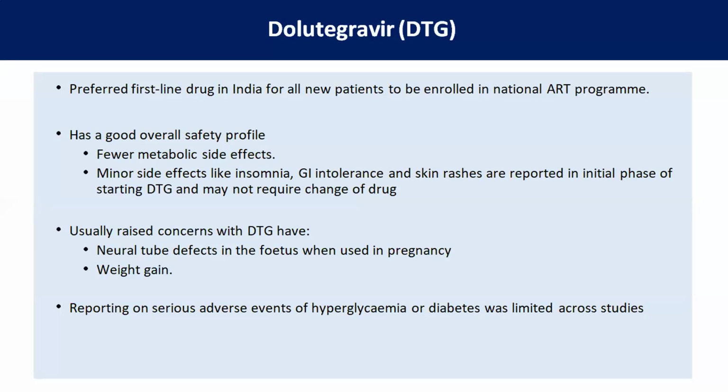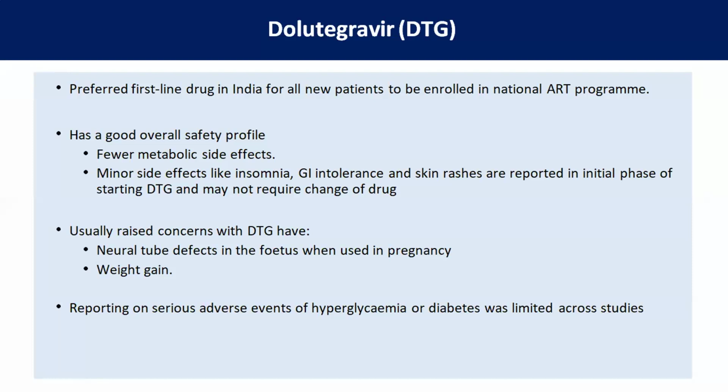And most of the side effects are short term, like GI intolerance and skin rash. Skin rashes were reported even from our center also, and usually develop within a few days of dolutegravir use. Minor grading of skin rashes, grade 1 and 2, does not need a change of drug. If grade 3 or 4 toxicity develops, then you have to switch the drug.